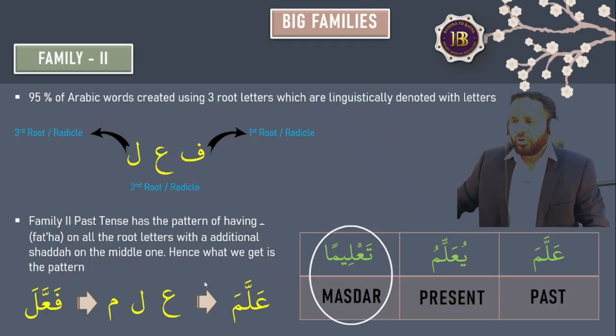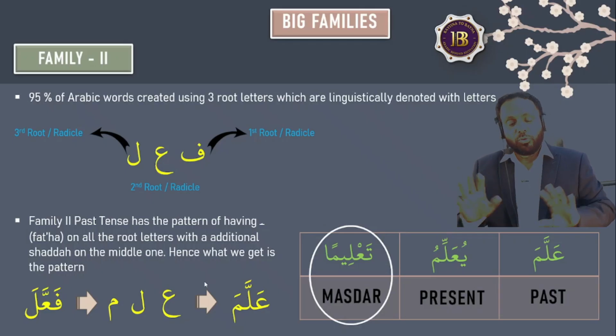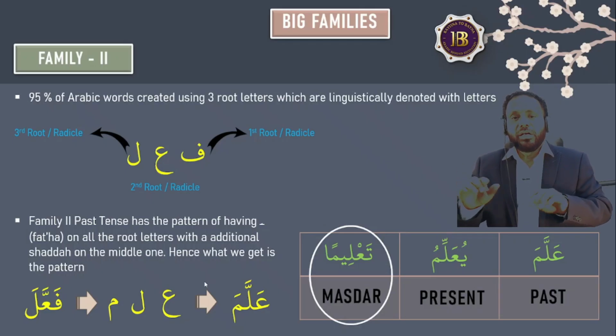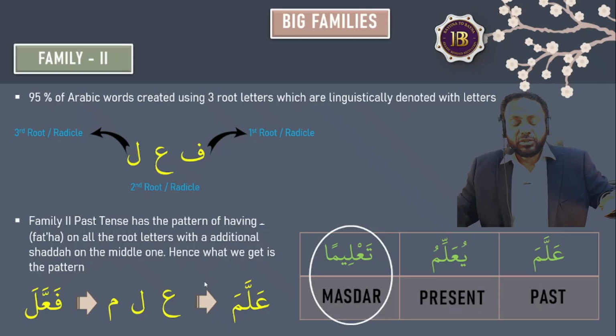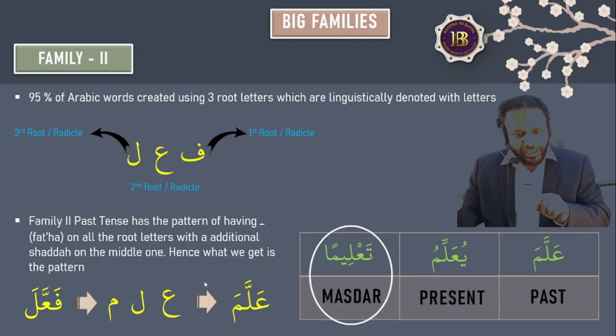Okay, fine. So masdar का meaning समझ में आ गया. Every family is going to have a masdar. Masdar is the concept, the idea behind that act. उसको बोलेंगे masdar. Masdar is a word which does not have any tense. No tense. Past tense has a tense, present tense has a tense, masdar has no tense. That's why we translate it as to speak, to write, to keep, to go, to read, to teach, something like that.